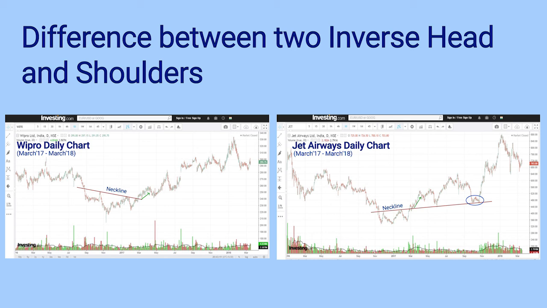So when you are taking a long trade in an inverse head and shoulder pattern, you should have a stop loss that is just below the nearest shoulder. Now as you have taken long after the breakout from the neckline, the nearest shoulder bottom and a little bit lower should have been your ideal stop.